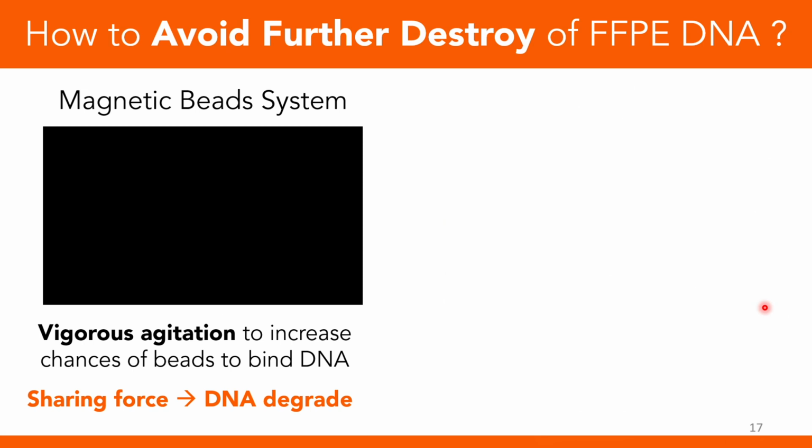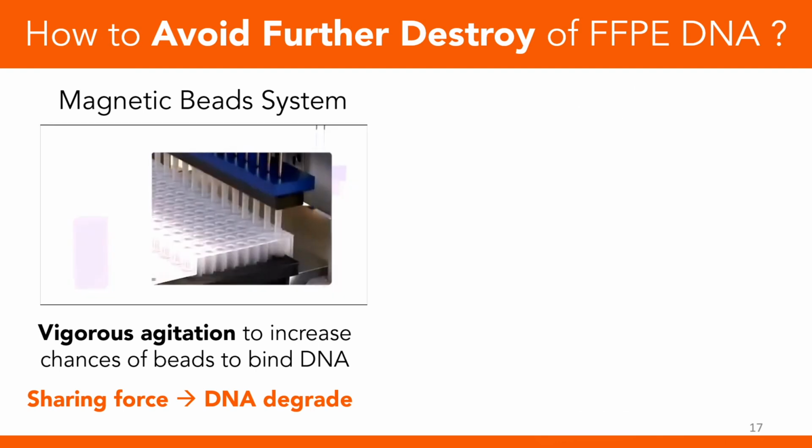Okay, and how to avoid further destruction of FFPE DNA? We know the magnetic bead system is one way. During the binding step, they use vigorous agitation to let the beads mix and touch the DNA.